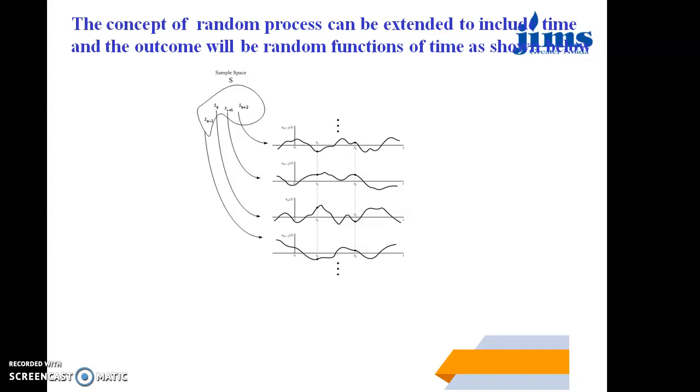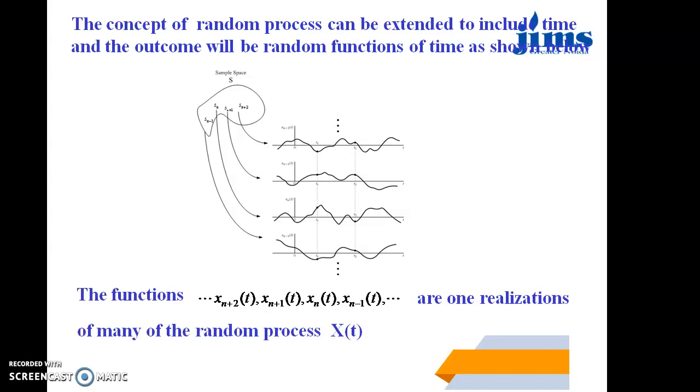So when the time dimension is added along with the original random variable, that random variable becomes a random process. If there is a sample space having n number of samples, then for each of the n samples there would be n random processes, which are defined by a graphical pattern in this diagram.